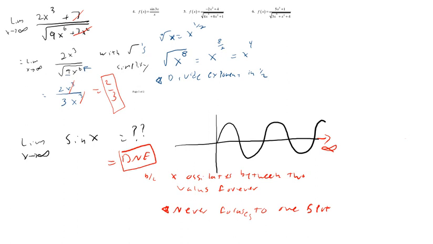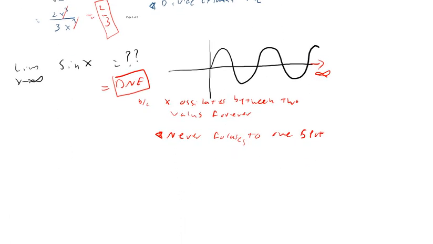Even things like x squared. So if I did the limit as x approaches infinity of x squared, it's consistent in its direction, right? It's always going up.